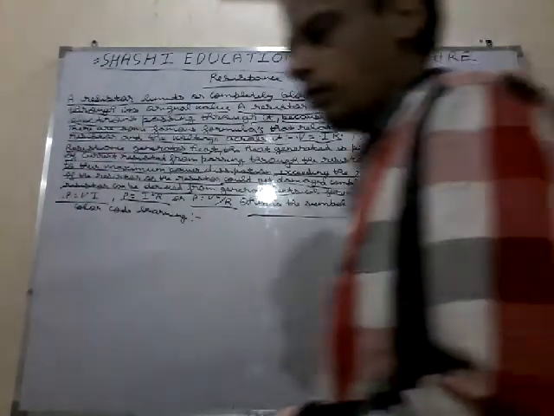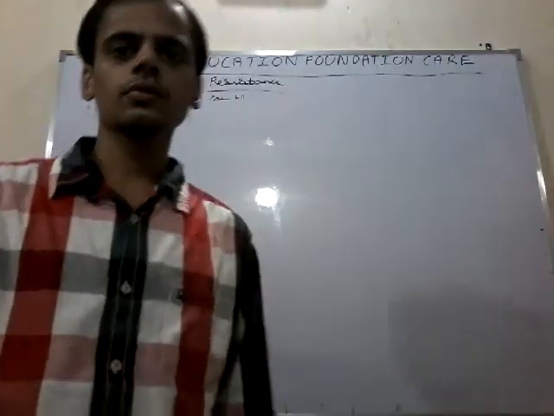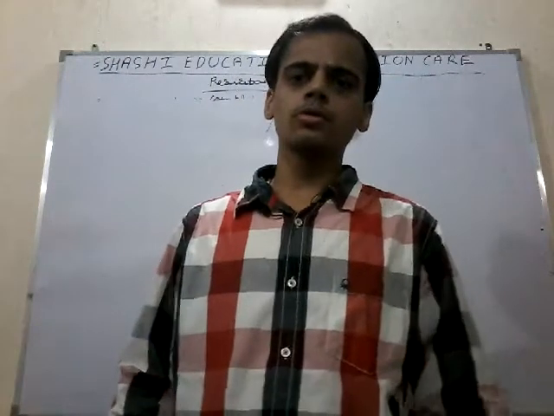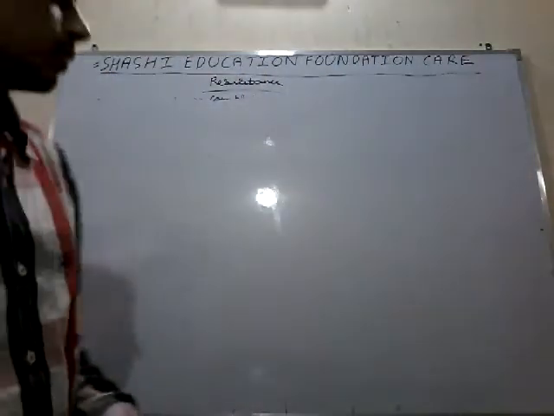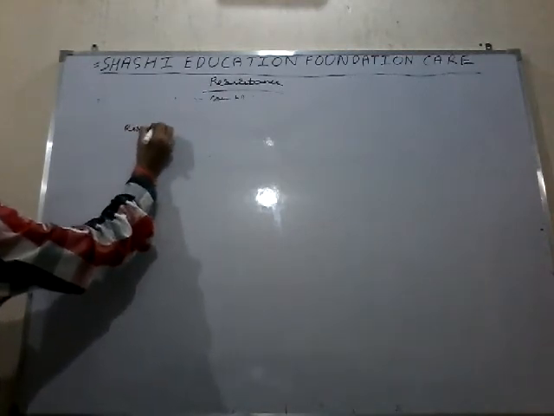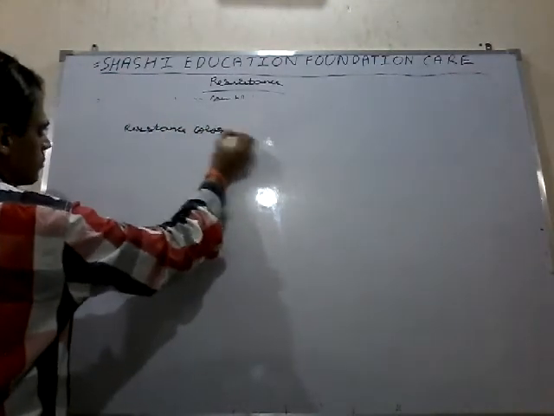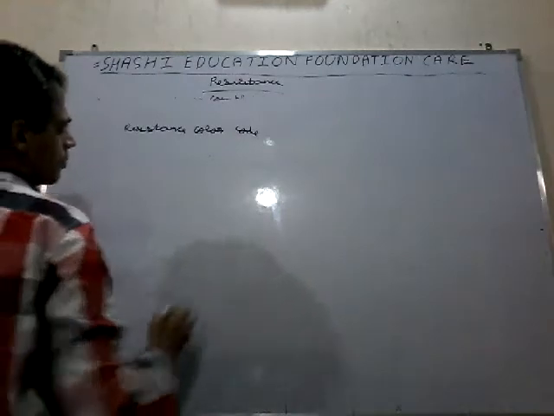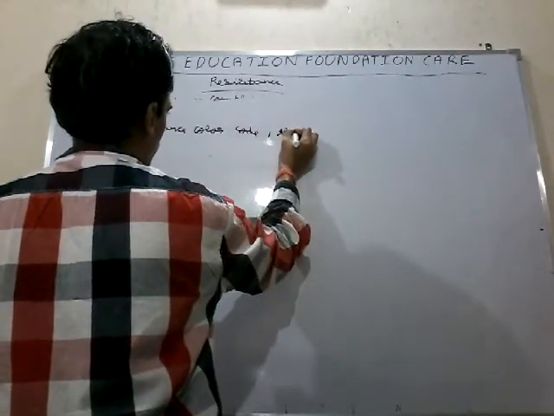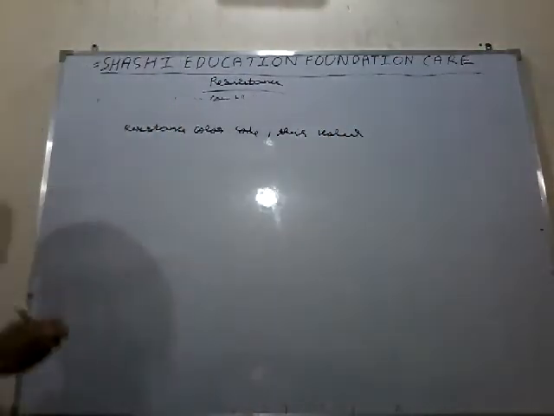Okay. Now we will learn the color code of resistance. Today's topic ends here. Tomorrow I will teach you about the resistance color code, their value, and one more thing that is left, their applications.